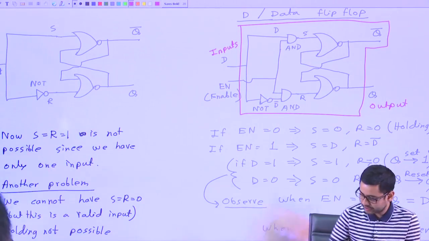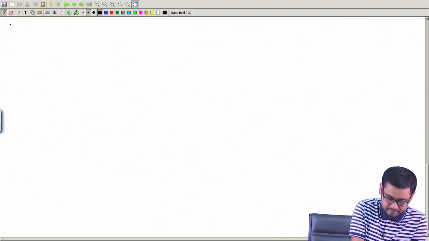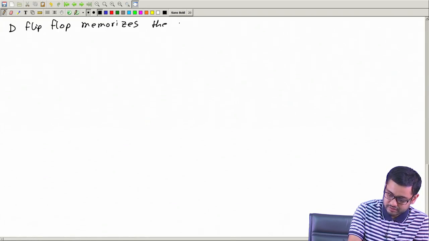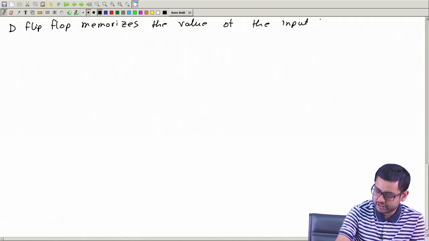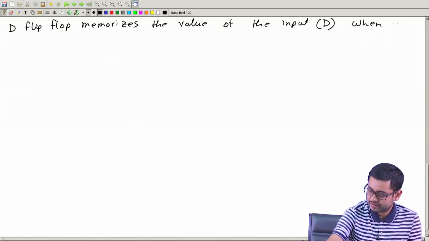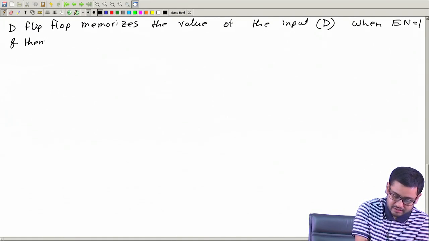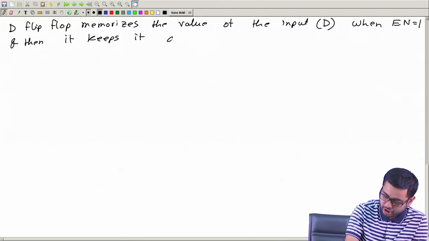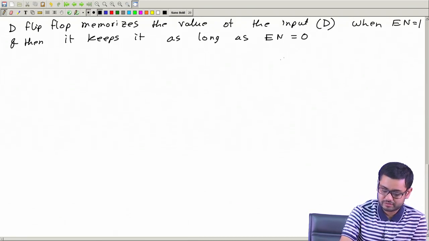So, let me just write a few words. This D flip flop memorizes the value of the input D when enable is equal to 1 or enabled, and then it keeps it as long as enable is equal to 0.